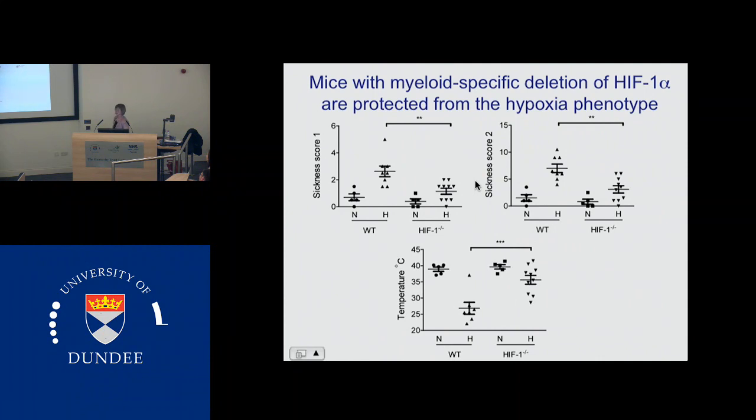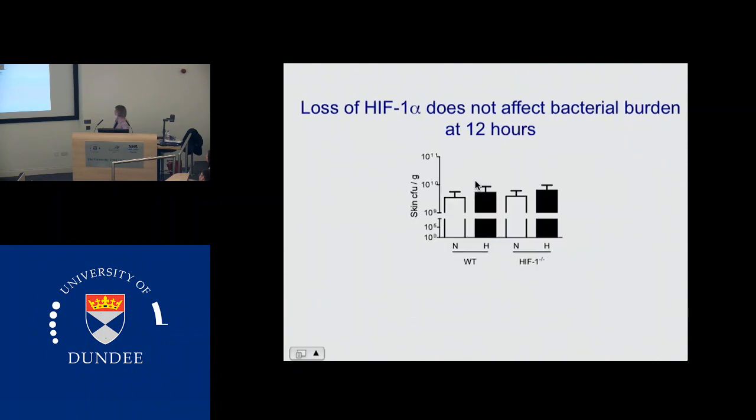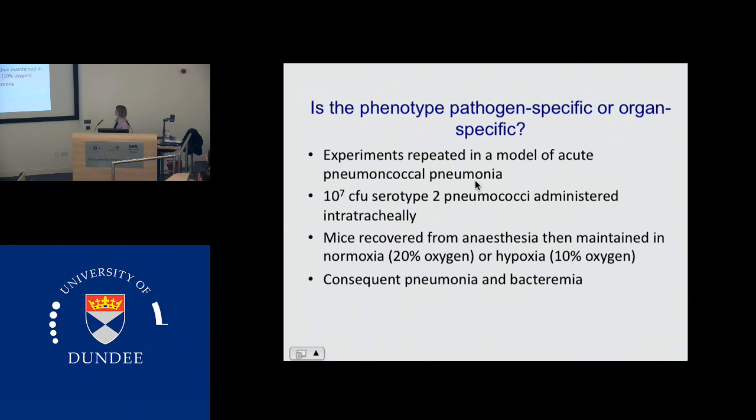So that's interesting for two reasons. It suggests HIF is having a role, but actually, despite what was apparently a systemic phenotype of cardiovascular collapse, it looked as if the behaviour of the macrophage and neutrophil population was actually crucial to this systemic response. Again, we didn't alter bacterial numbers.